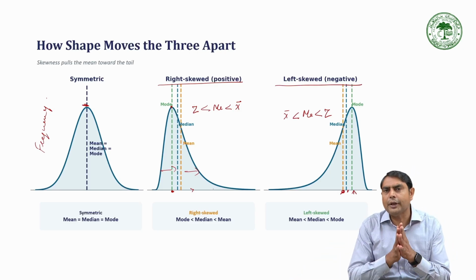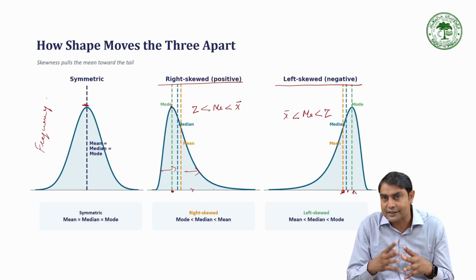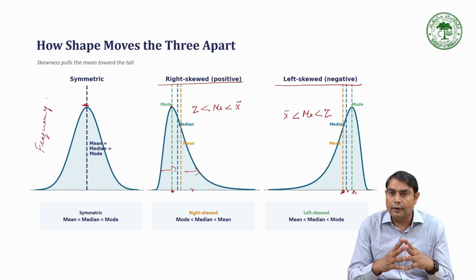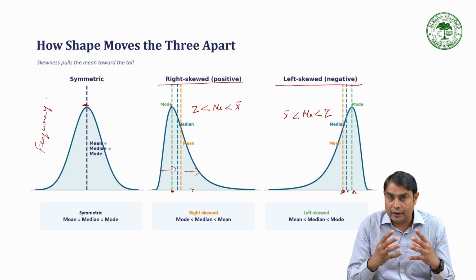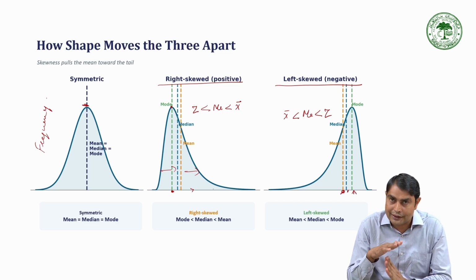This we will be discussing in more detail when we talk about kurtosis and skewness in the coming lectures. So as of now, the property which I need to remember is that in a symmetrical distribution, all three measures should be lying at the center, and all three should be equal.